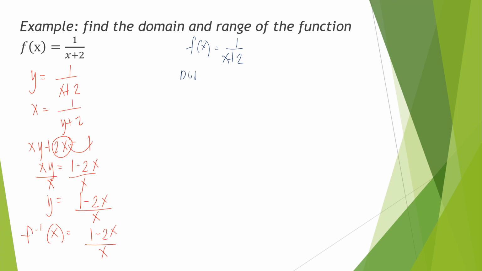So, for the domain, remember that our denominator should not be equal to 0. So, hahanapin naman natin yung value ng x na magpapa-0 sa denominator. That is x plus 2 is equal to 0. So, x is equal to negative 2.